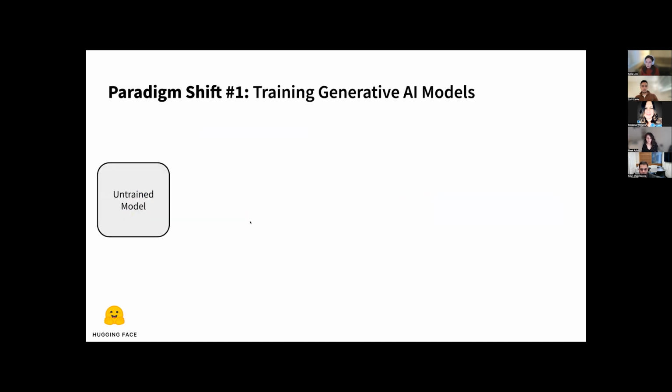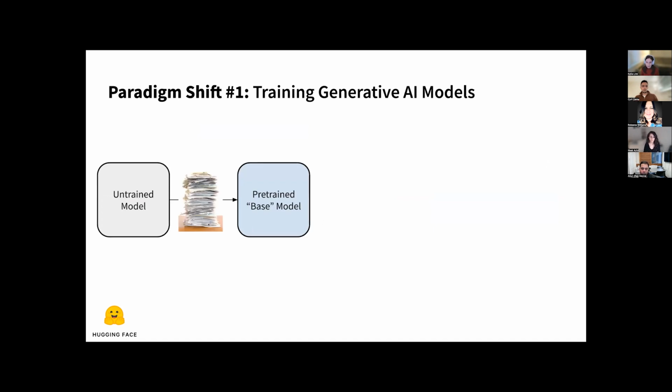And to do so, I think we need to think about a few different paradigm shifts within generative AI, the first being how we train these models. And Chuck briefly touched on this as well. So you'll usually take an untrained model and feed it a ton of text data, usually unstructured, scraped from the internet to obtain this pre-trained base model, which takes a long time and is quite expensive to do.